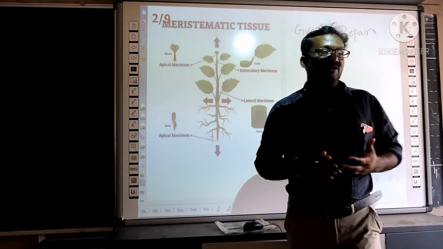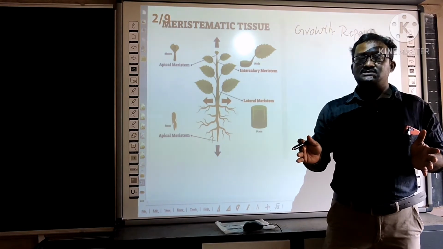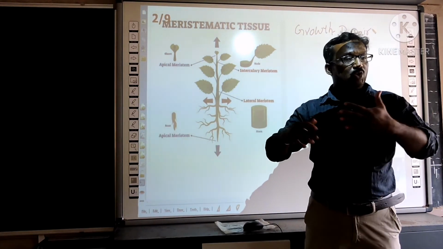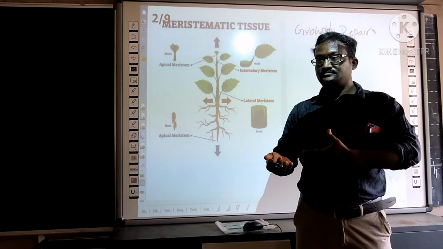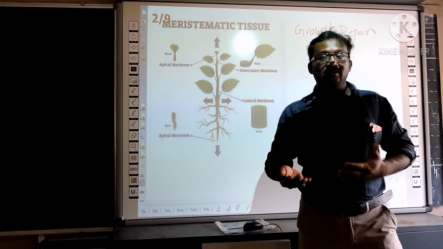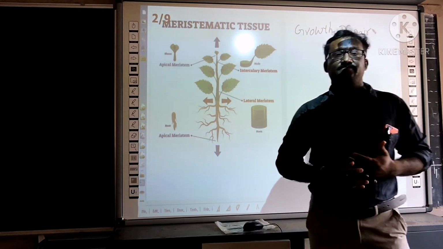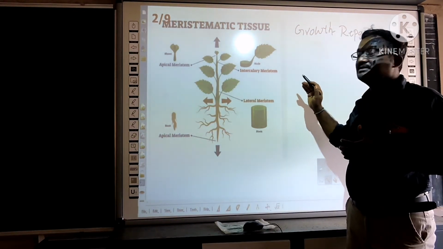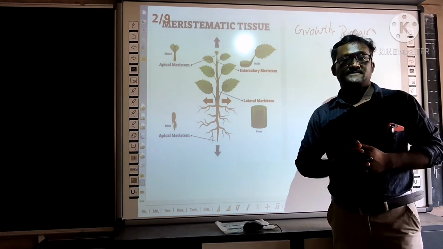Sometimes we break the branches of plants, but they do regenerate. The regeneration is because of the meristematic tissue. So repair and the growth in length and girth are the functions of meristematic tissue.